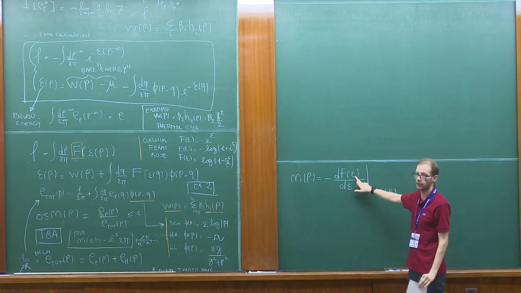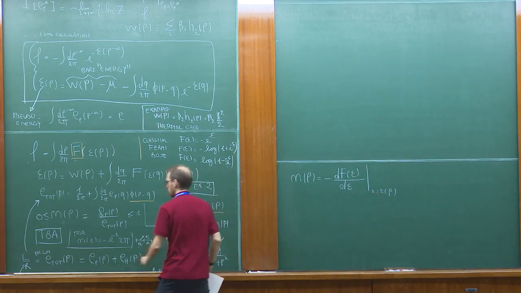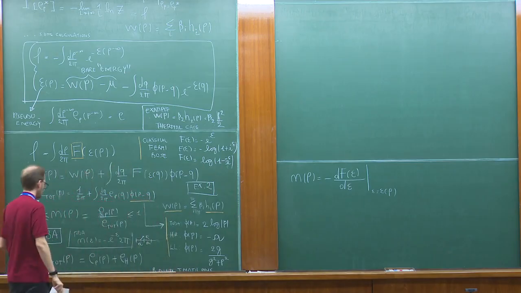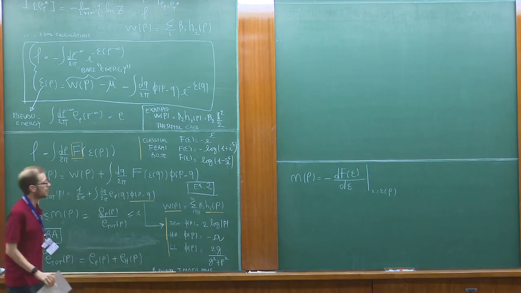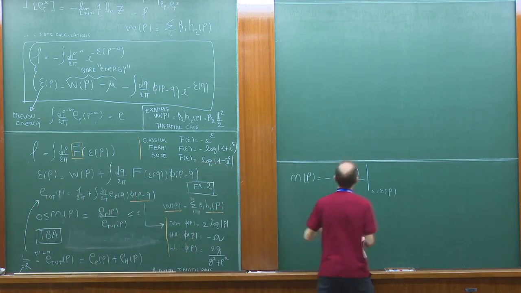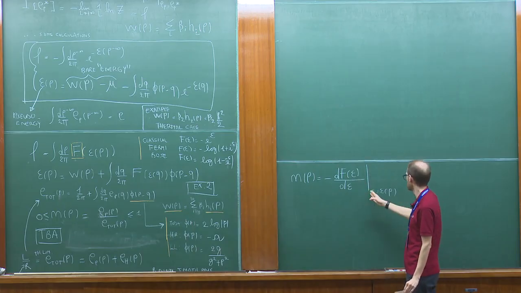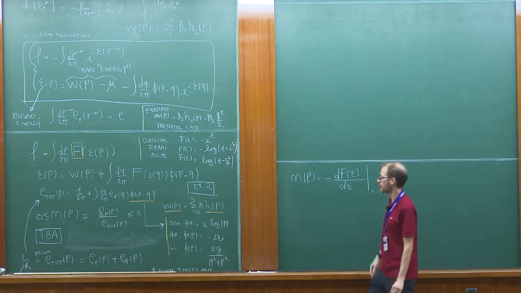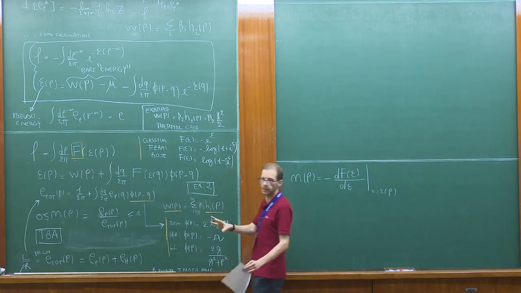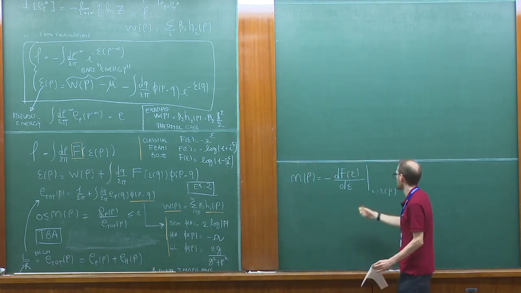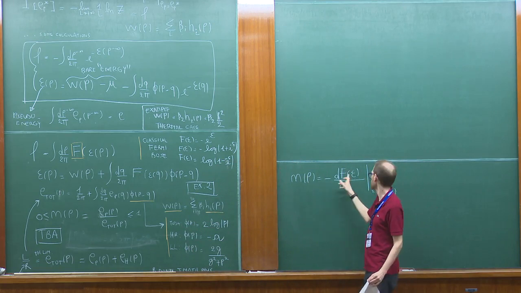If you know the function capital F, which is one of these three, then n of P, which is momentum, is the derivative of the capital F with respect to epsilon, evaluated at epsilon of P, where epsilon of P is the solution of this. The take-home message, apart from the detail, is that from this capital F you know the functional dependence of n on the function epsilon.